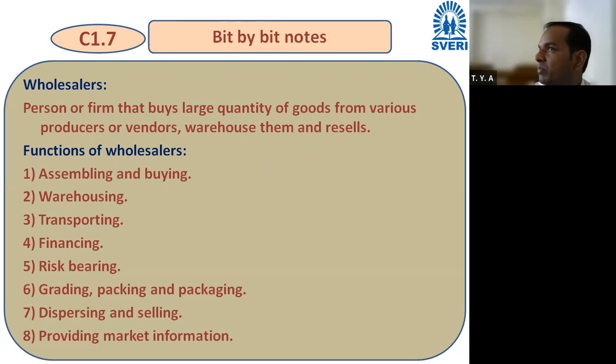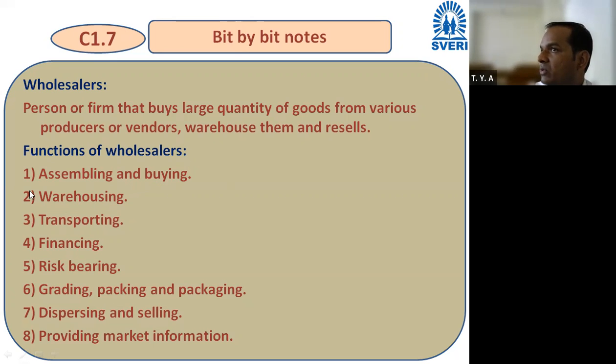In mechanical perspective, if I say wholesaler can assemble also, नुसतं ते आहे असं घेत नाहीये. ते म्हणतात की capacitor is very cheaper from so and so organization. फॅन वाला होलसेलर बघूयात आपण एक्झाम्पल. Capacitor is very cheaper from so and so organization, so they can assemble. ज्याच्याकडून चीपर आहे त्याच्याकडून घ्यायचा. So assembling and buying is the function of the wholesaler.